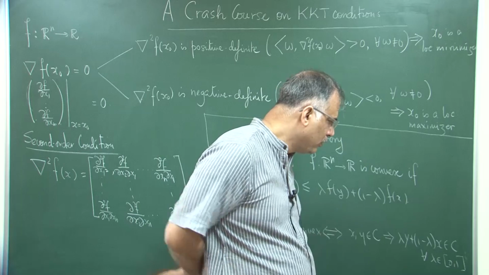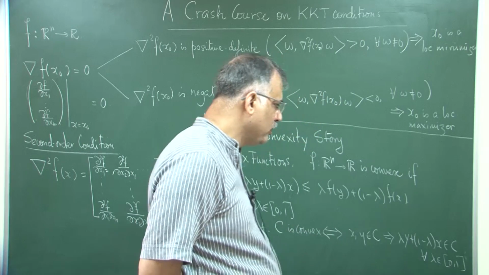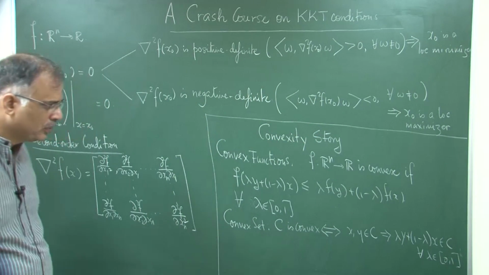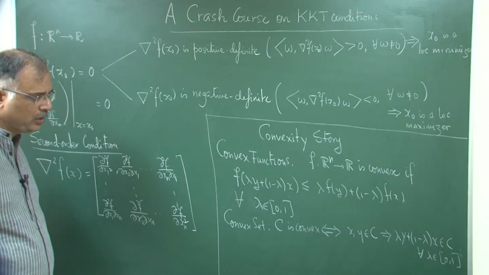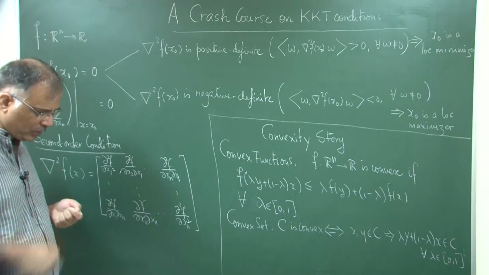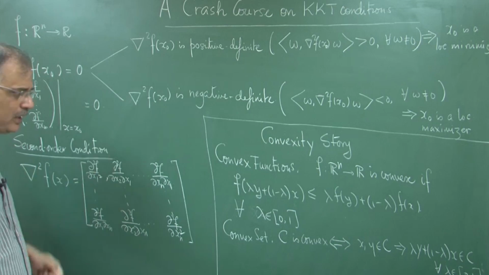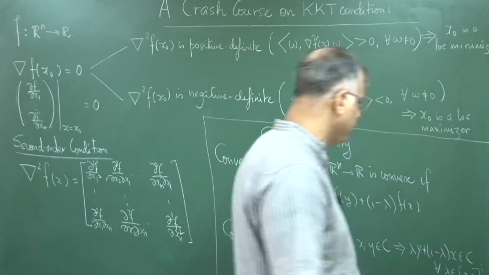If I put lambda equal to 0, I would get x. So as I change lambda from 0 to 1, I am actually moving along a straight line from x to y.